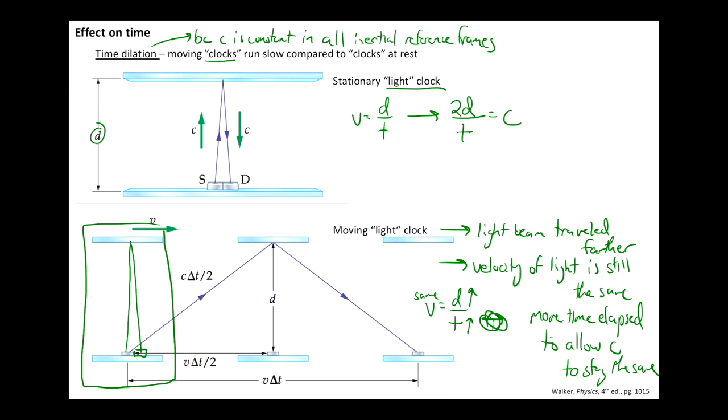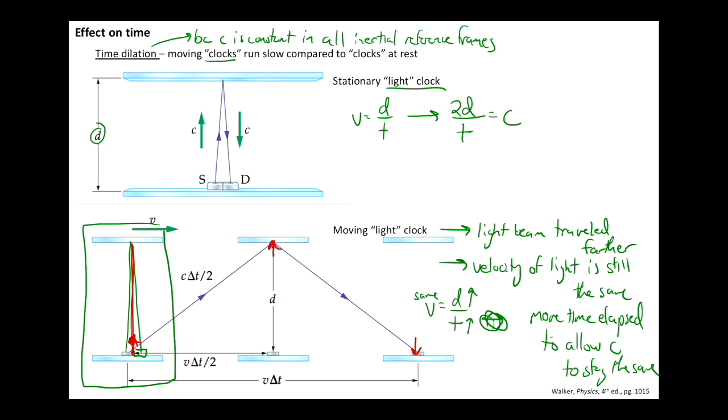Yeah, so you could assume still, and I don't like this diagram greatly, but it's still shooting the light essentially straight up, but then the whole thing is moving. So it's still going straight up and straight down if I were in the clock. It's just from your perspective looking at it, you see it leave here, arrive there, and then hit back there.